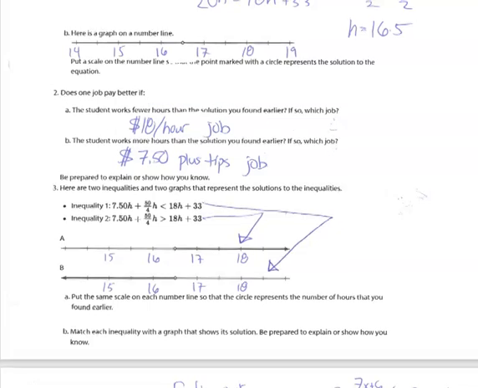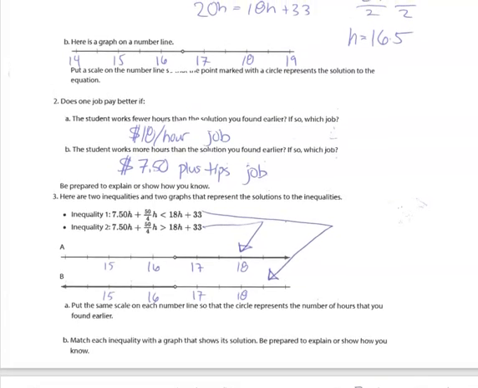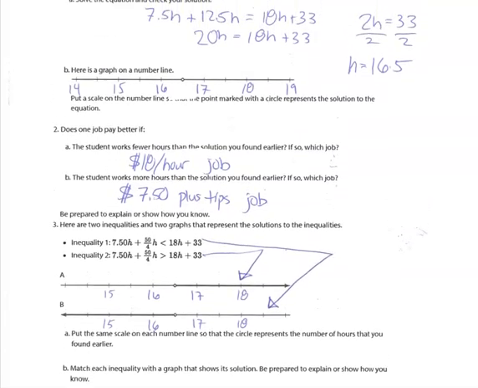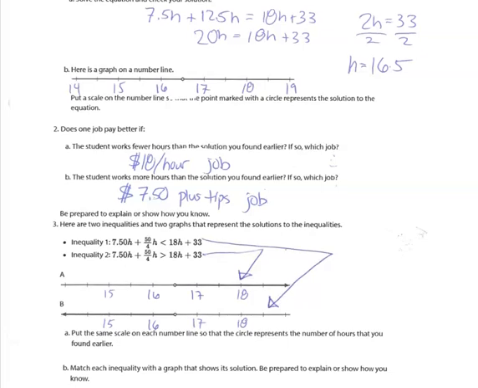When it is below, if you take a number less than 16.5 and substitute it in, you're going to find that the $18 an hour job will be better. You can pick any number under 16.5. So the easiest number I picked was 0.